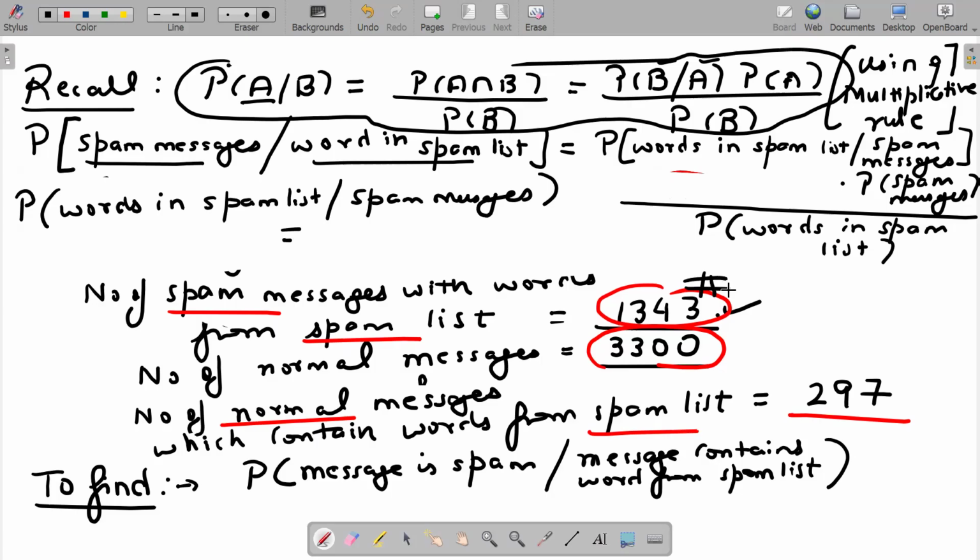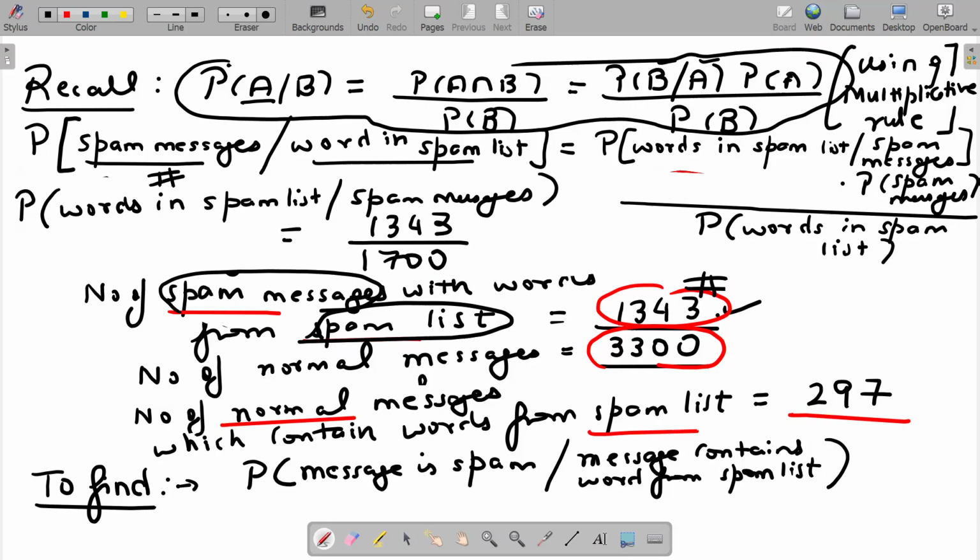We have 1343. So it's 1343 over the total number of spam messages. We have 1700 spam messages. That means the probability of words in the spam list given spam messages is 1343 over 1700. Use your calculator and find out this is 0.78.